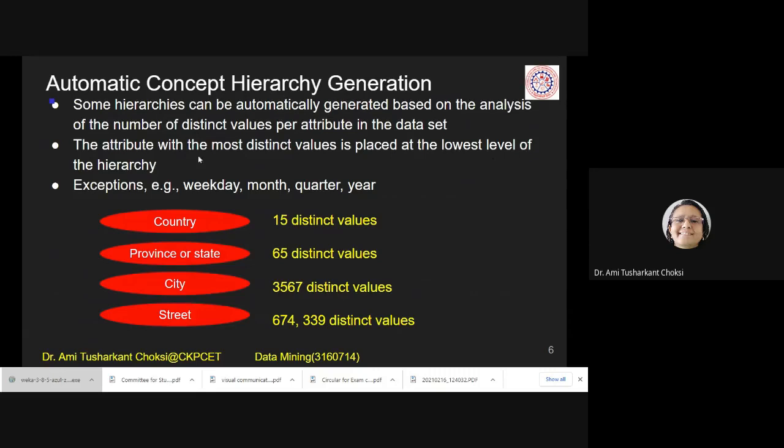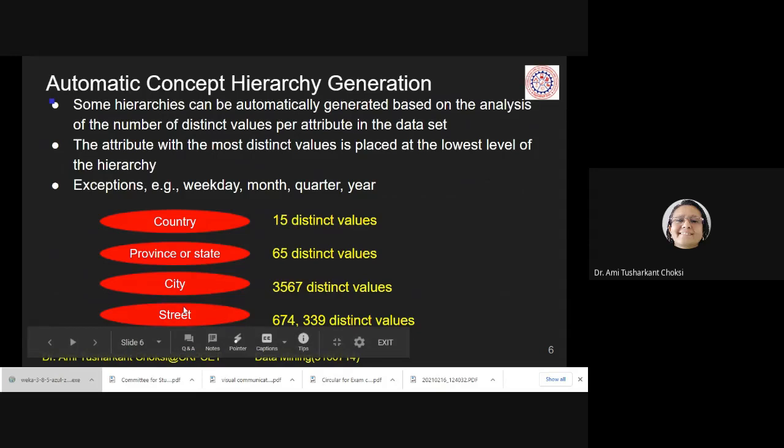The attribute with the most distinct values is placed at the lowest level of the hierarchy. Exceptions we will see a bit later, but say for this particular example: country, province or state, city, street.